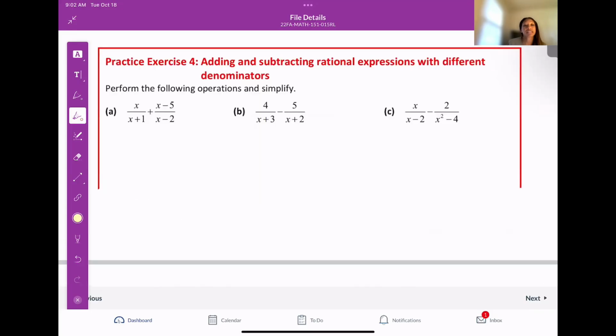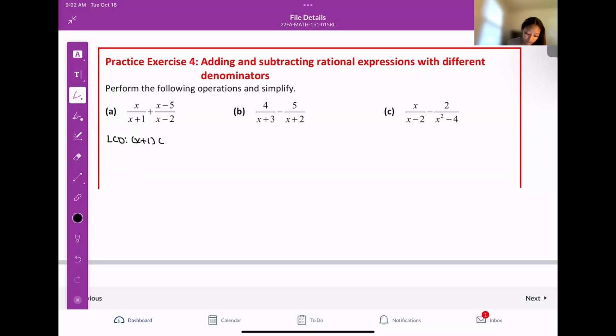For practice exercises 4, part 1, we have x over x plus 1 plus 5 over x minus 2. First, you want to find the LCD. The LCD in this case, we can already tell those are two totally different factors. They have nothing in common, so we'll just multiply them together.